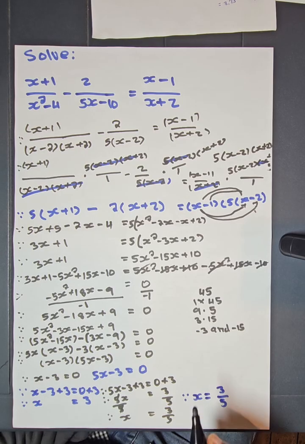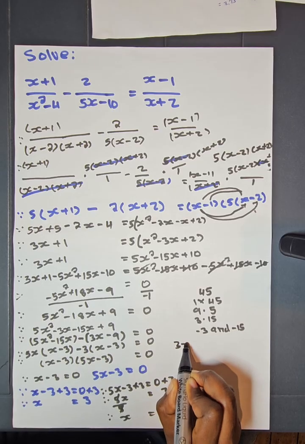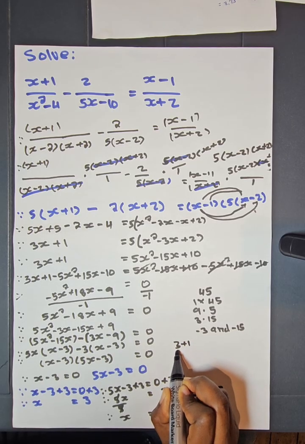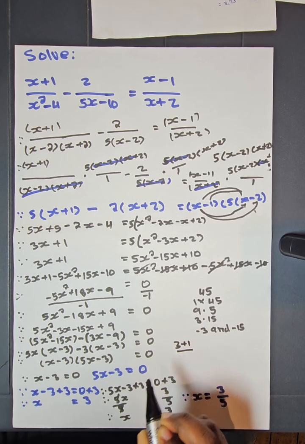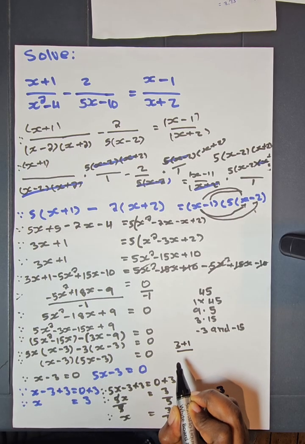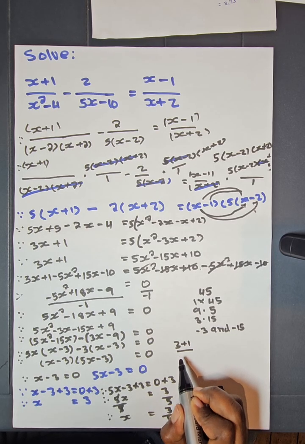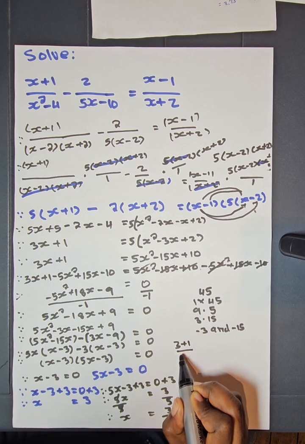Never get tired. We're going to therefore say 3 plus 1 over x squared, which is 9. If you take 4 from 9, we get 5. So 9 minus 5 is 5.